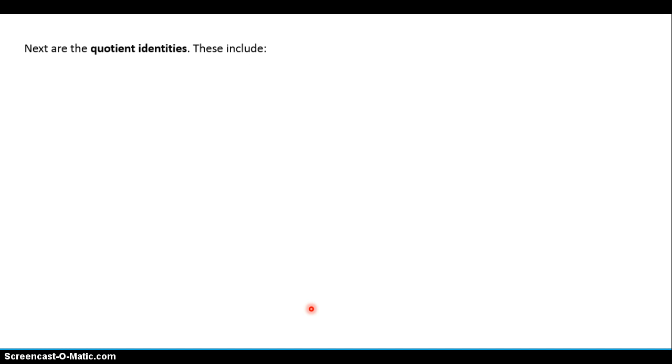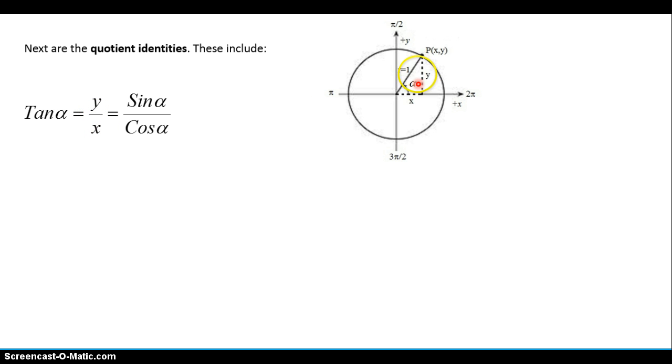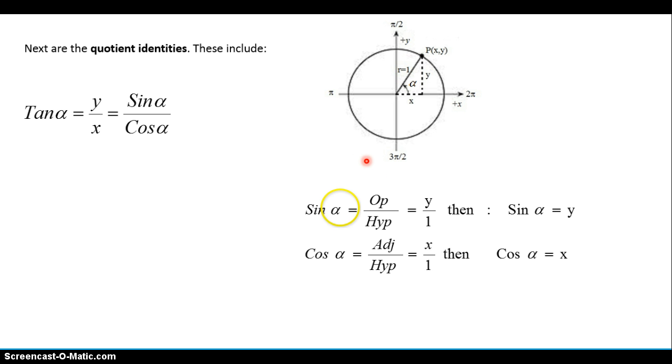Now, let's see the quotient identities. The tangent of the angle is the same as y, that is the opposite, over x, that is the adjacent. If we remember the unitary circumference, we have the adjacent side, that is x, the opposite side, that is y, we have our angle, and we have the hypotenuse, that is the radius of the circumference. Then the sine of the angle is the same as the opposite over the hypotenuse.